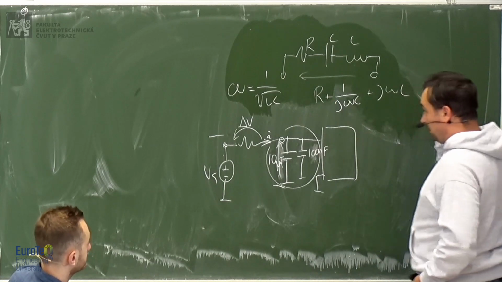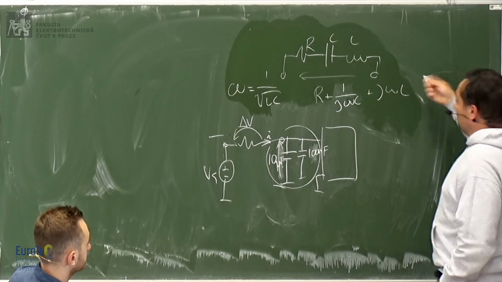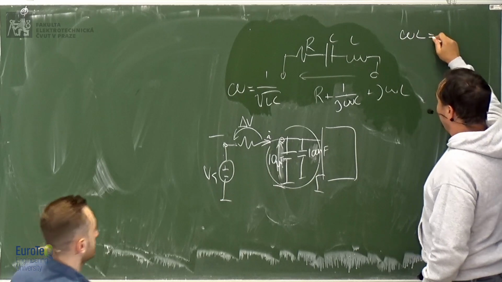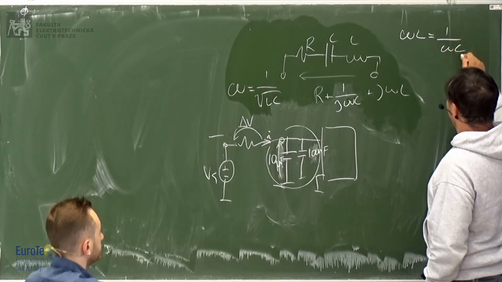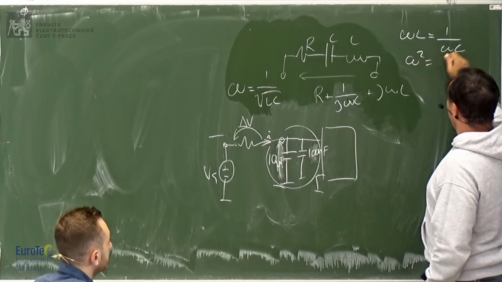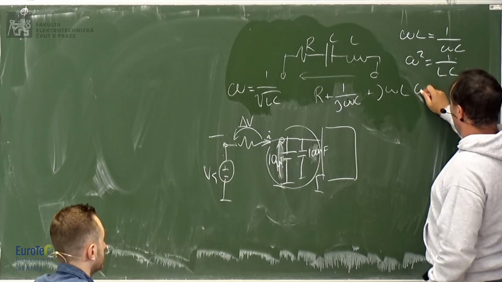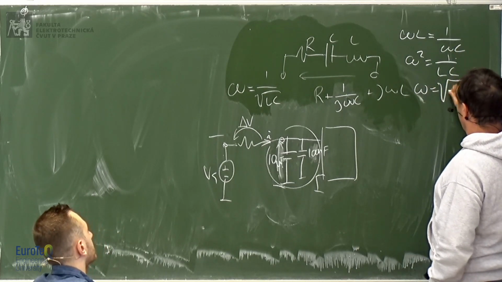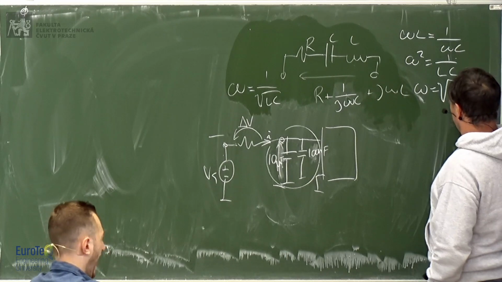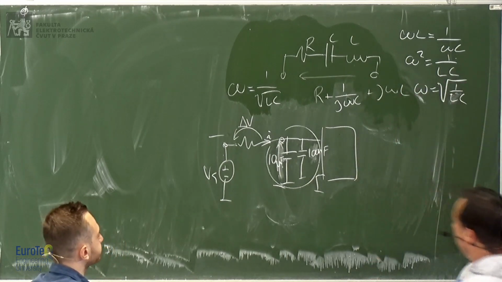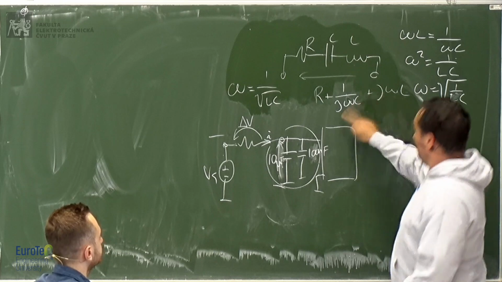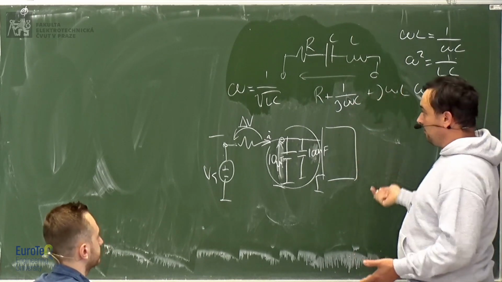Omega L equals 1 over omega C, which means that omega squared is equal to 1 over LC, so omega is equal to the square root of 1 over LC. So these two reactances cancel out and you get only R.